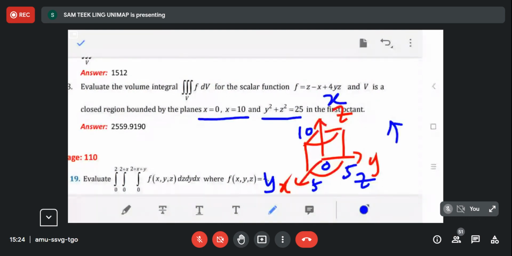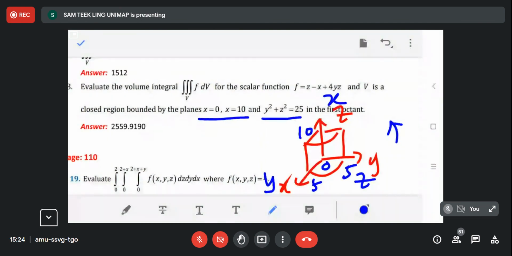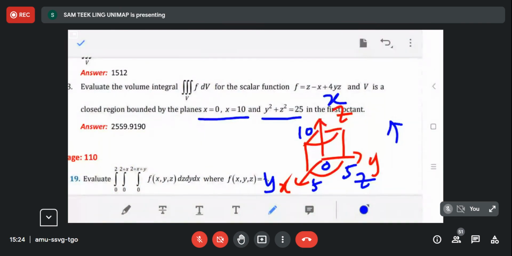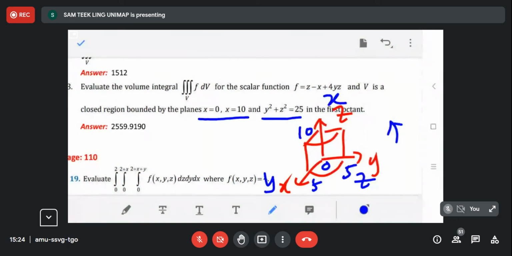Now your Z axis is replaced by X, and the Y axis is replaced by Z. So you follow the blue one and rotate.